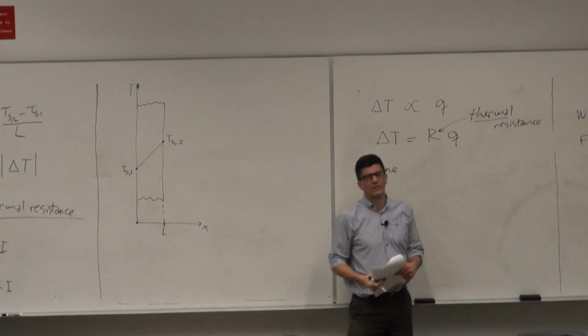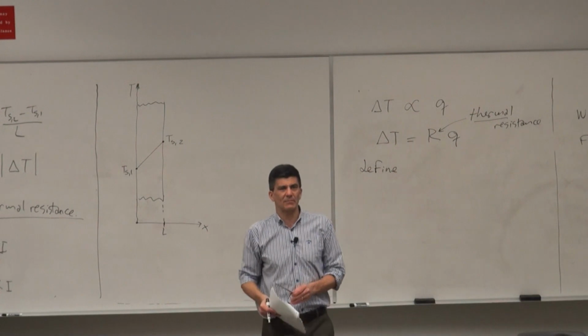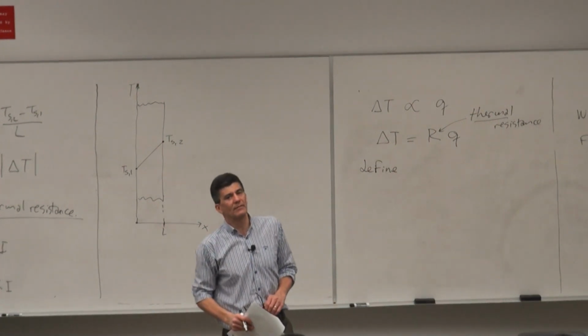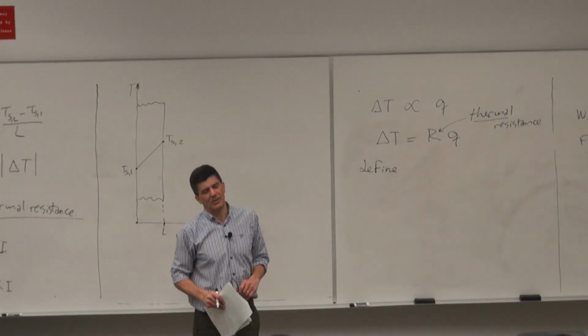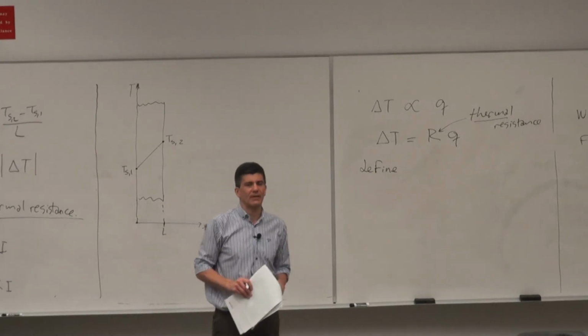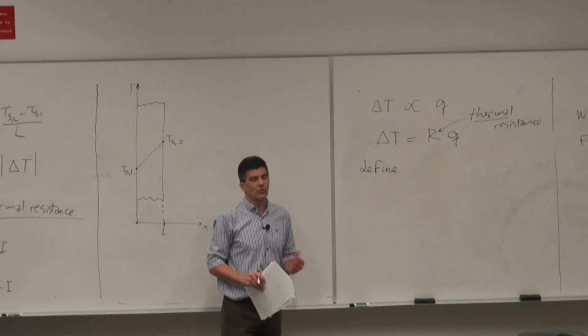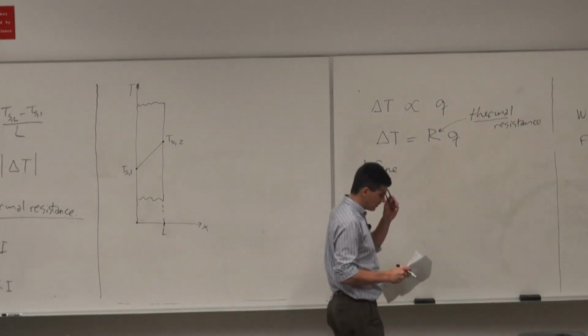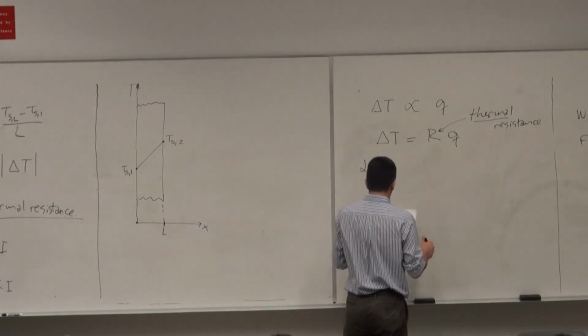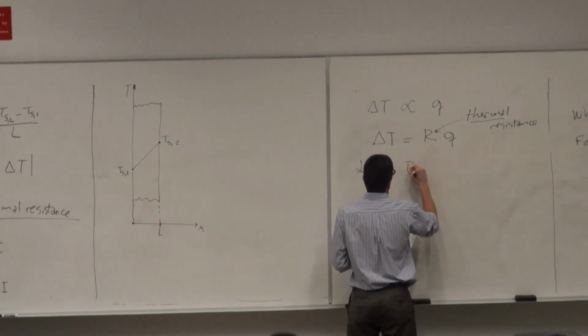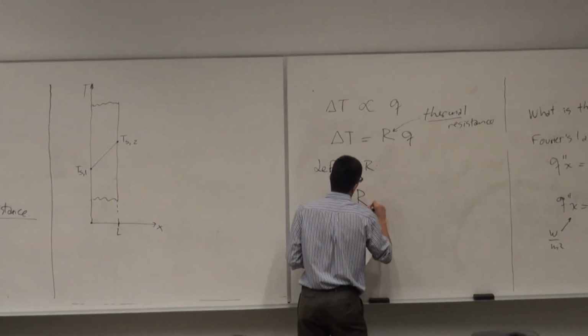In the book and in class, we're going to be using the same symbol R. And the reason is we're not going to be doing anything electrical here, so we're fine. But if you have electricity and heat transfer at the same time, you should use two different symbols. Okay, so you know how I'm going to define R?